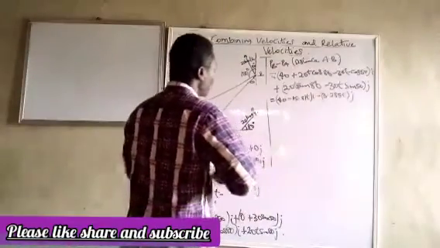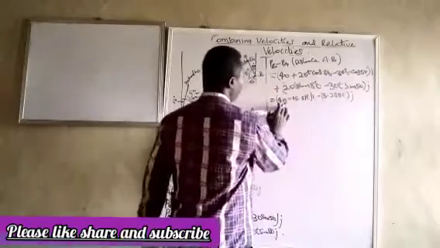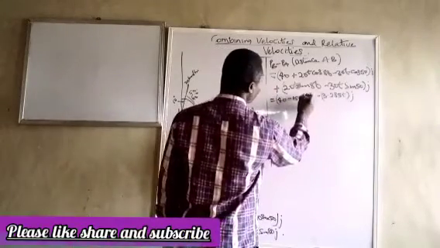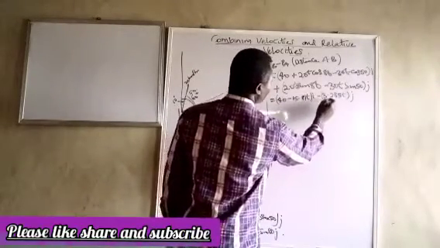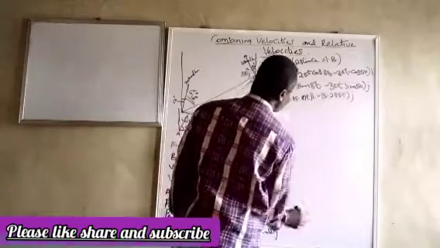Now, this is what it gives me: 40 minus 15.81t i minus 30 minus 3.285t j.